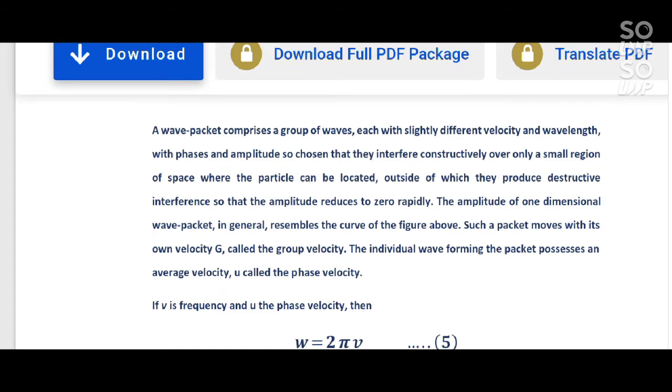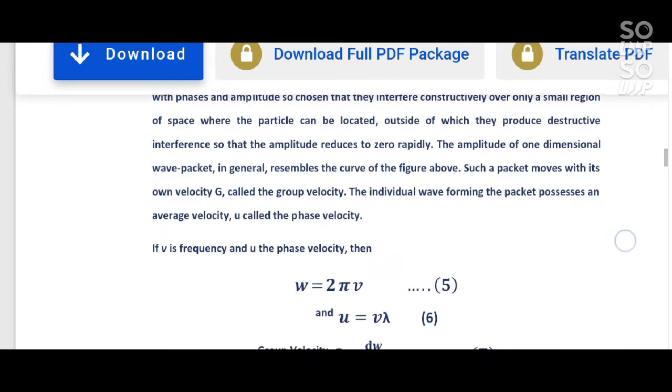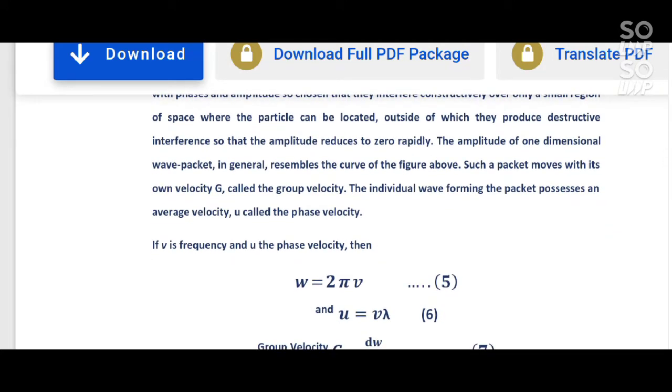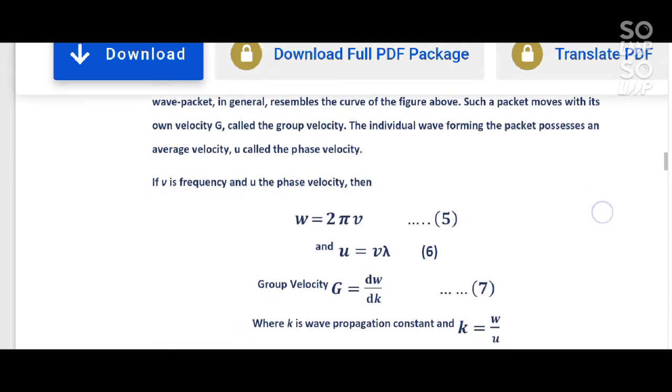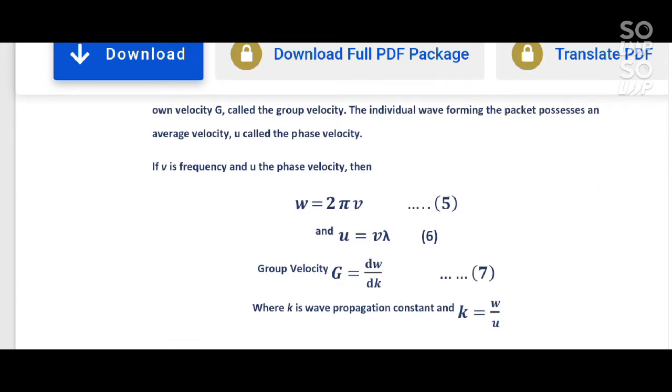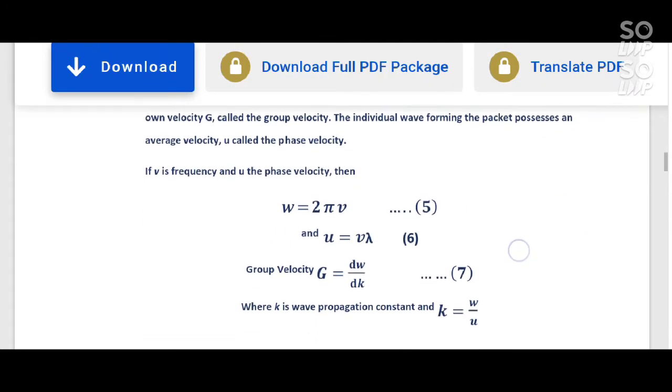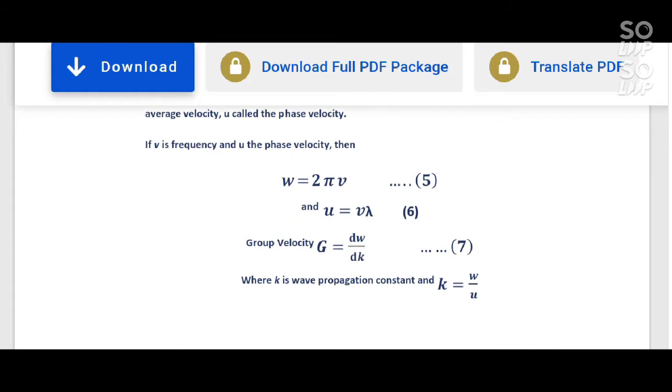If nu is frequency and small u the phase velocity, then omega is equal to 2 pi nu. It is equation 5. And u is equal to nu lambda. It is equation 6. Group velocity capital G is equal to d omega by dk. It is equation 7, where k is the wave propagation constant and k is equal to omega by u.